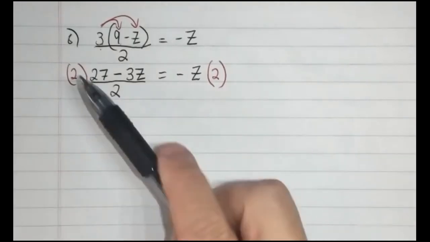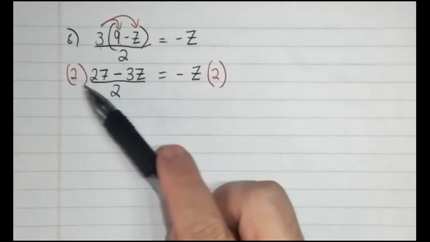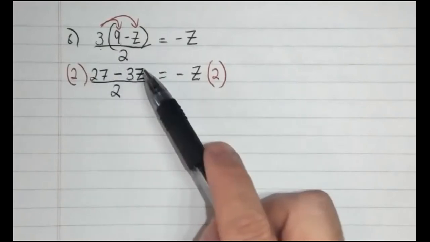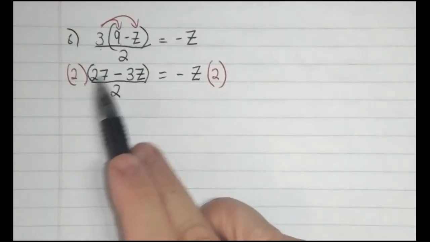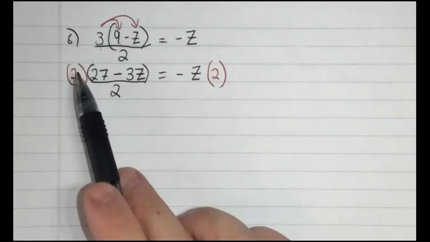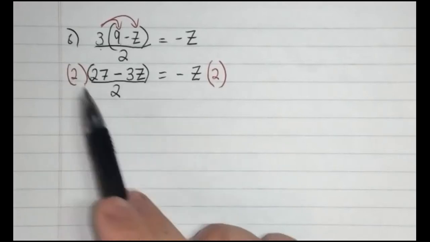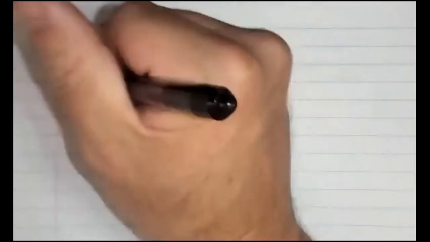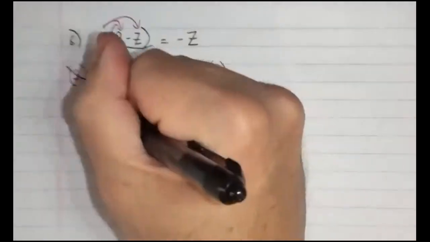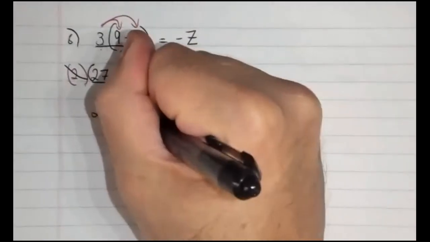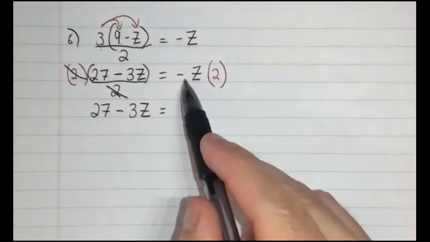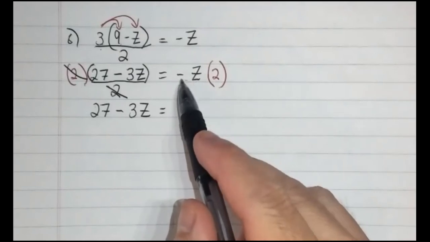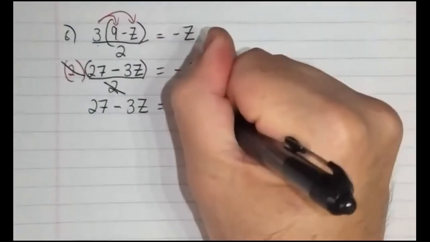The reason I'm not multiplying it here and here is that, since it's in that numerator, you think of it as one term. Technically I would multiply 2 into both things, but it's just going to cancel out anyways. So these 2's would cancel out, and I'm left with 27 minus 3z. And then here, 2 times z gives me a negative 2z.